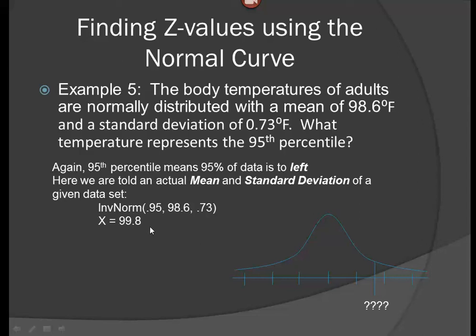Calculating this out, we see 99.8 is the body temperature of the 95th percentile. Remember that 98.6 was right here in the center, and 99.8 is higher than that. So this fits with what we should expect, and if we're to the right of 98.6, we should have a higher value than 98.6.